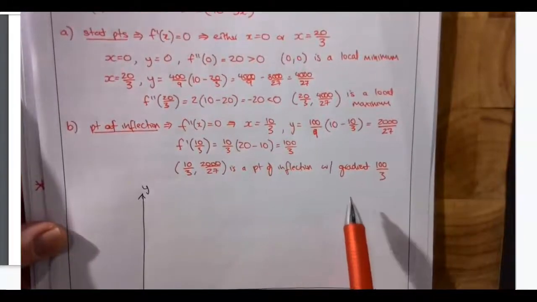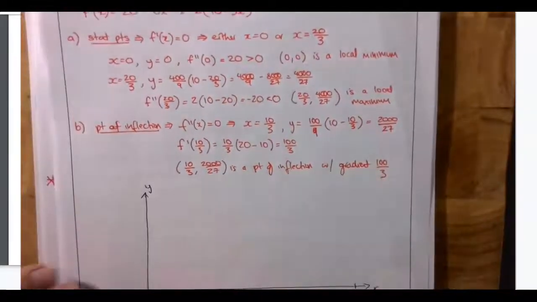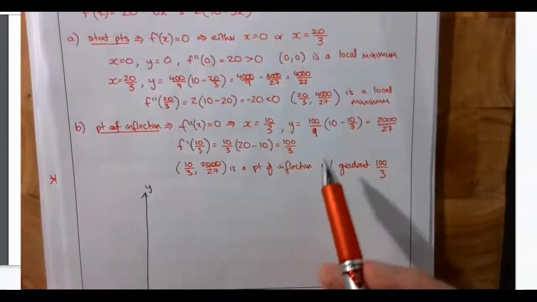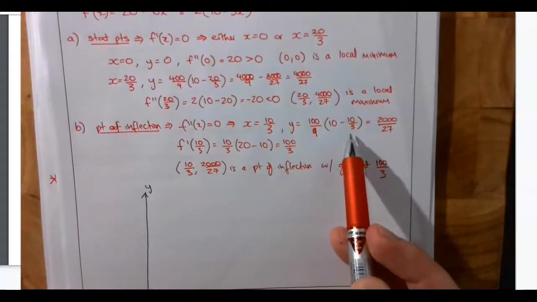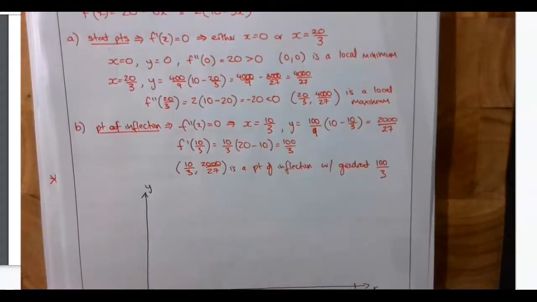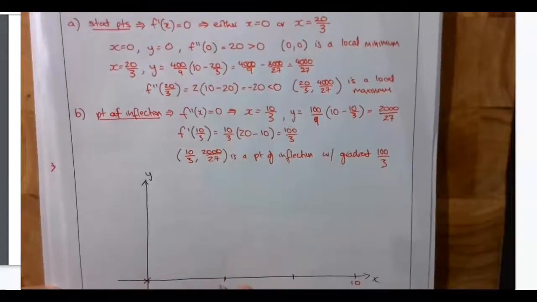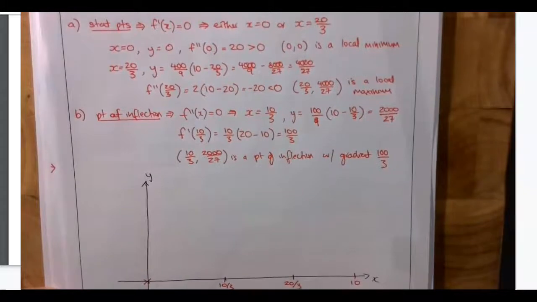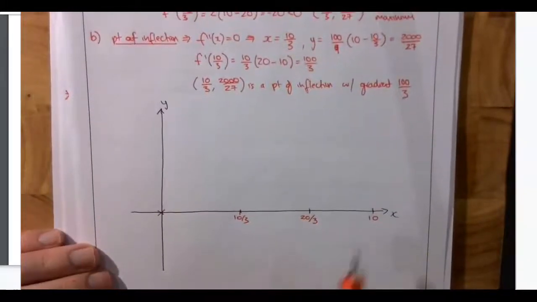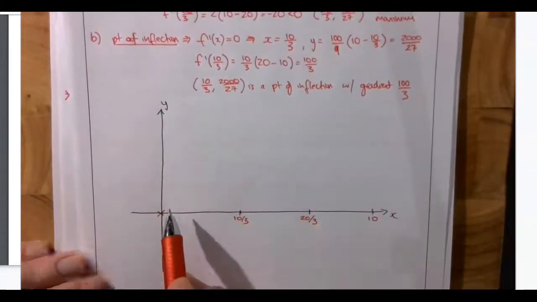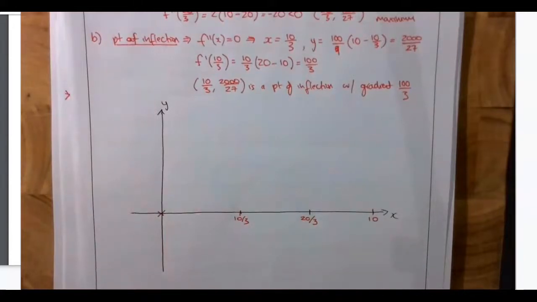So I've definitely got key points at 0, 0, at 10 over 3, so that's about a third of this domain. So I'm going to have 10 over 3 and 20 over 3 as being my key points, meaning I tried to split it pretty accurately into 3 sections here.